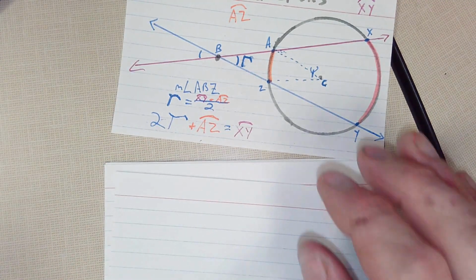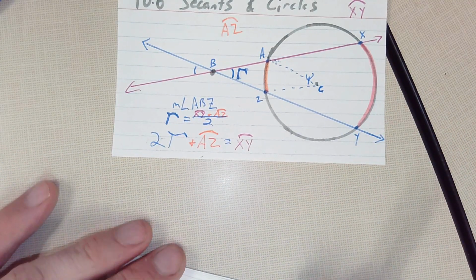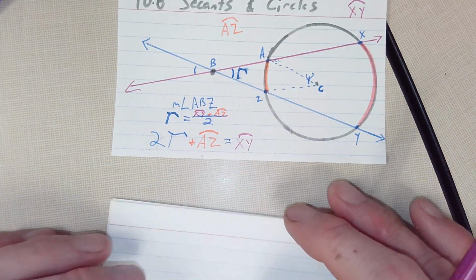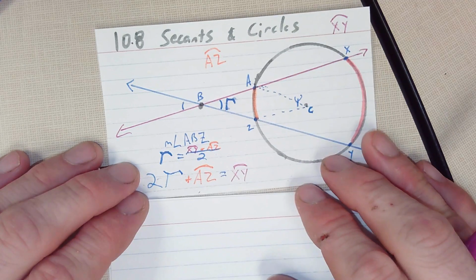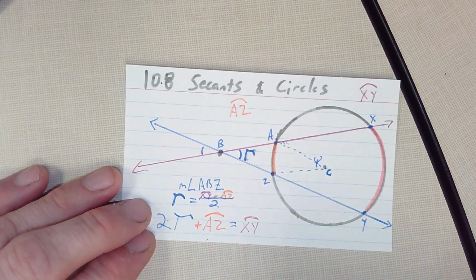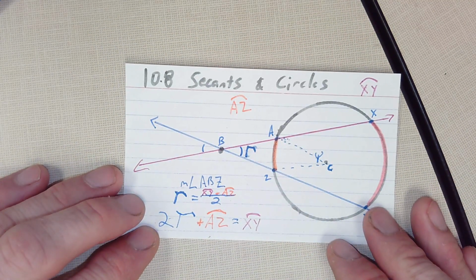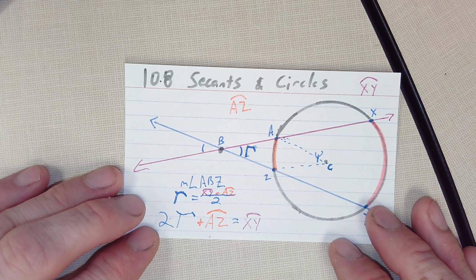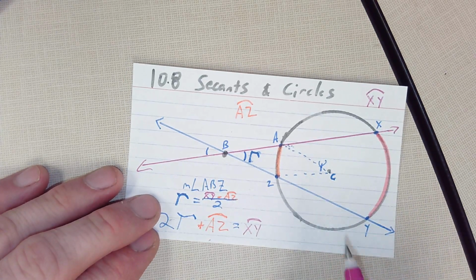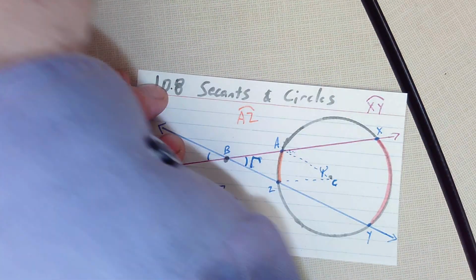Okay, so anyway, I'm going to hold back on the example. I guess I'll just write it on here. I'm not going to hold back, I'm going to write it on here.